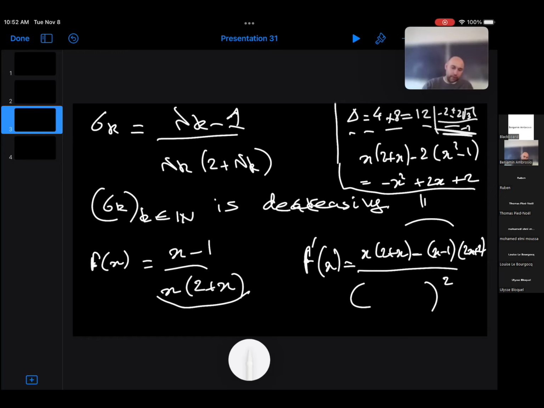Okay, anyway, so I see that this polynomial here, the derivative f prime, is negative for x greater than x2, and I can check that my lambda k are greater than x2.